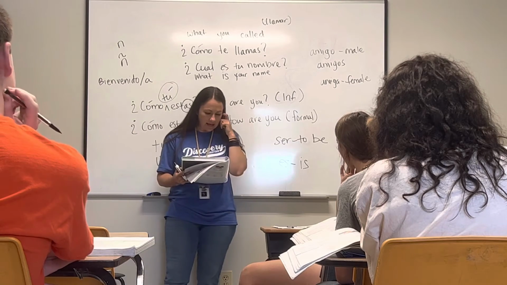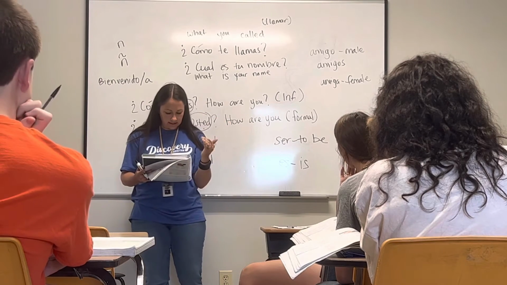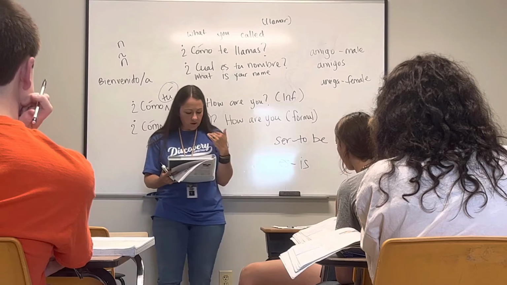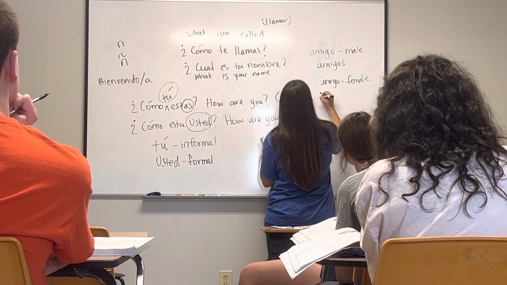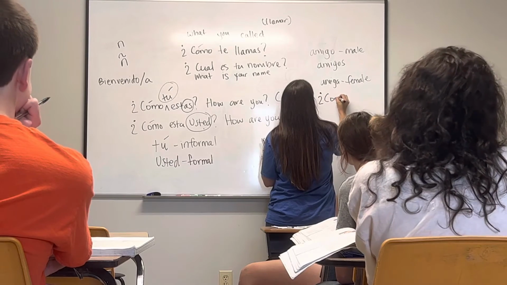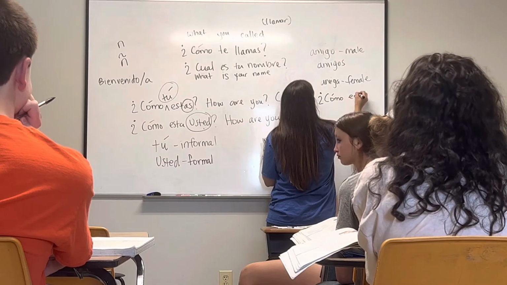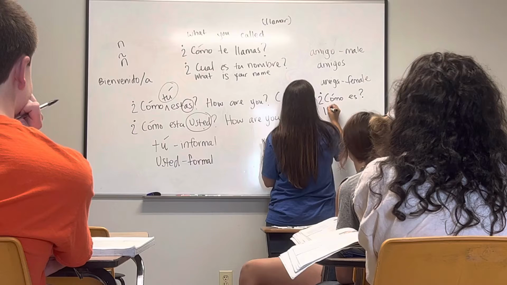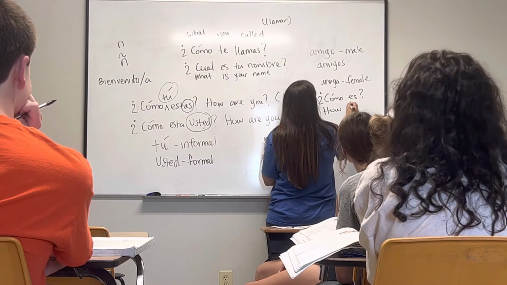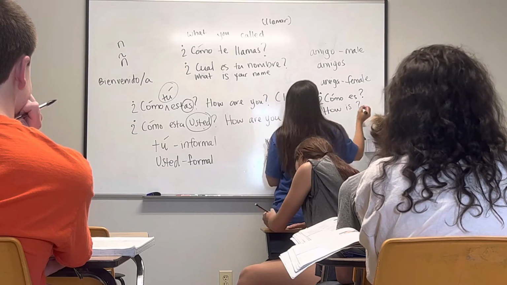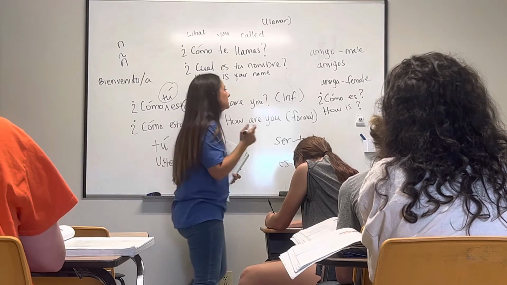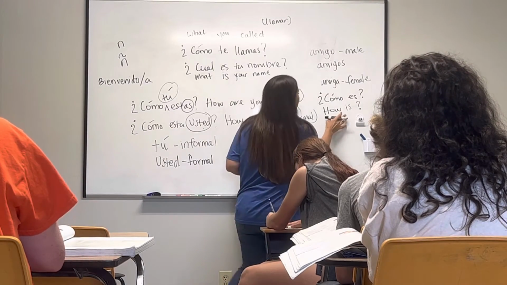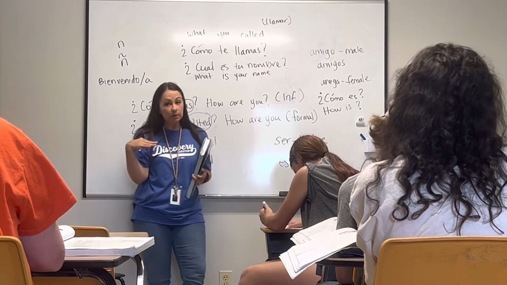The other question it's introducing right here is ¿Cómo es? How is this person? This is very different from our how is. This is asking you to describe the person.